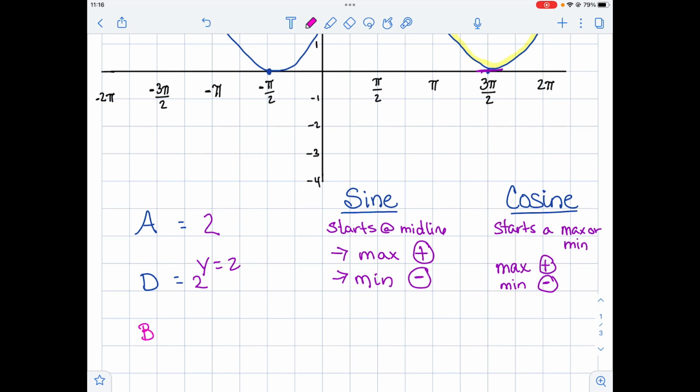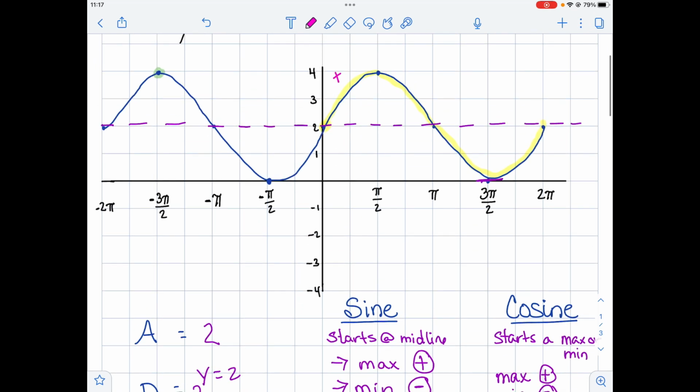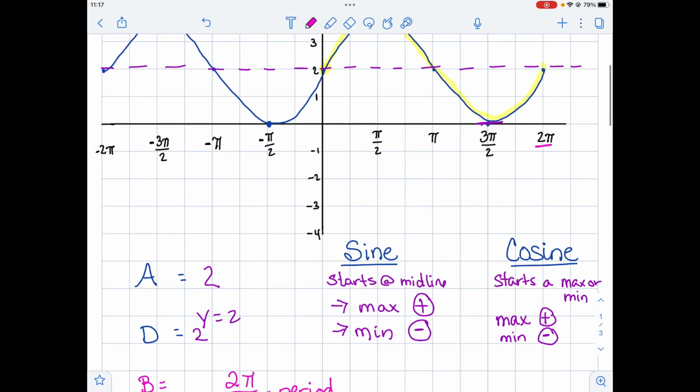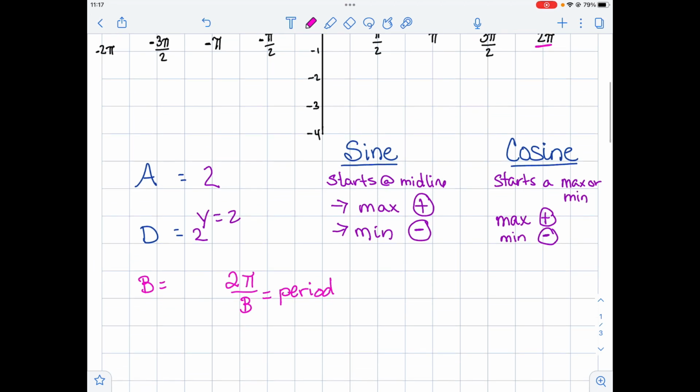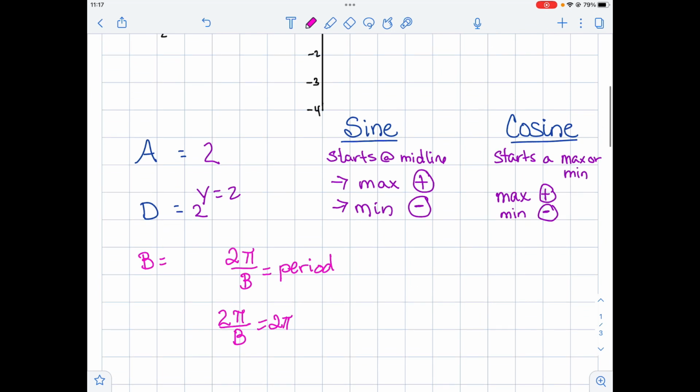So B is found by saying 2 pi divided by B is equal to our period. So our period for this one, because we started at 0, 0 basically, or 0, 2, and moved over to 2 pi here, we ended our cycle, that's 1 period. So our period is 2 pi. So we're going to plug into this formula. 2 pi over B is equal to 2 pi, and we're going to solve for B. Well, let's think about that.